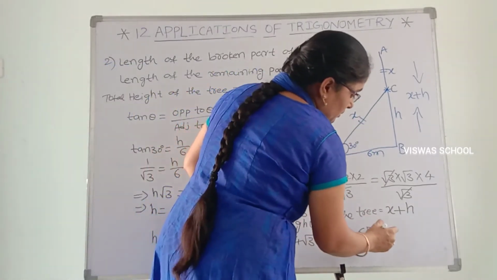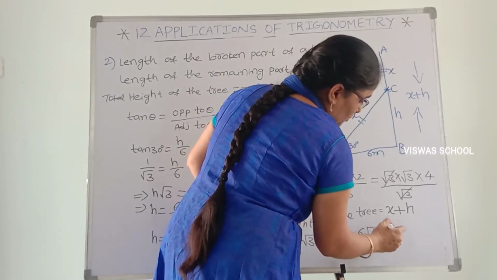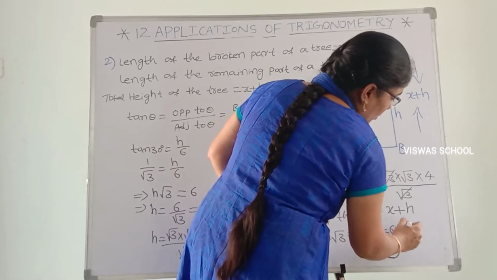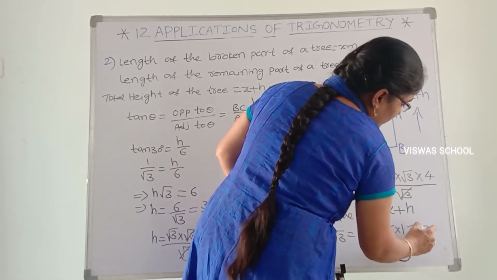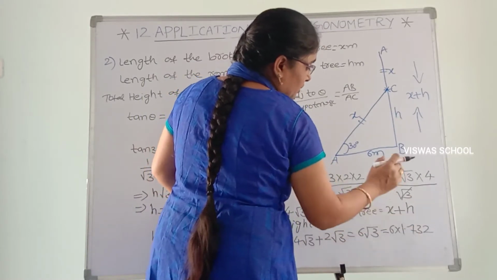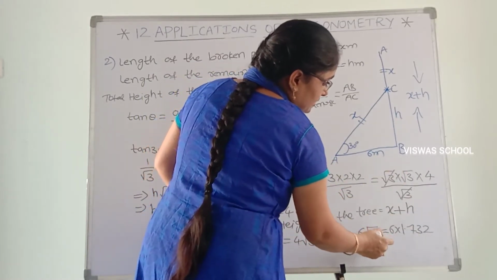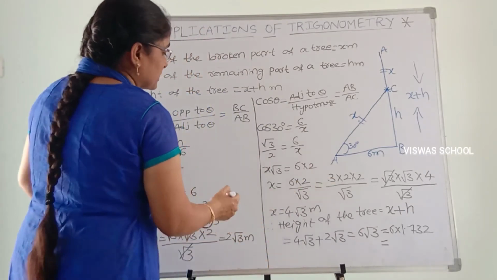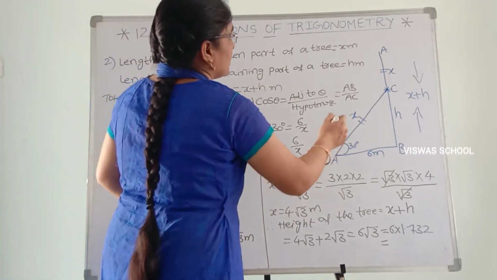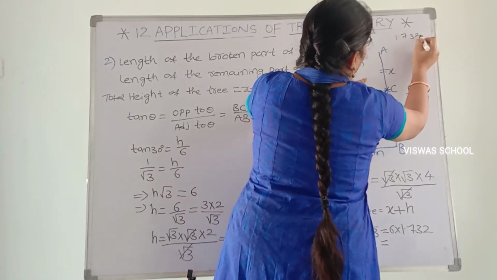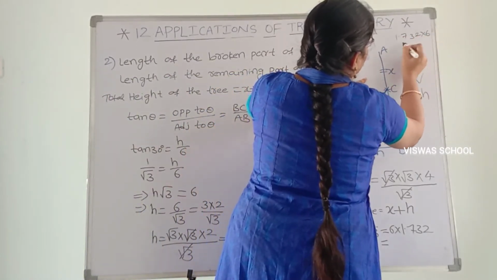Again here 6 root 3 is 6 into root 3. Already we know that this value is 1.732. Don't stop up to here only, you can continue and solve also. That is 6 into 1.732. Multiply 1.732 with 6. Here I am doing rough part. 1.732 into 6.